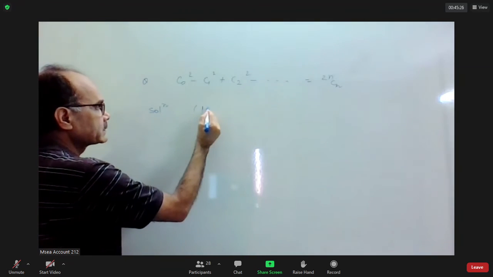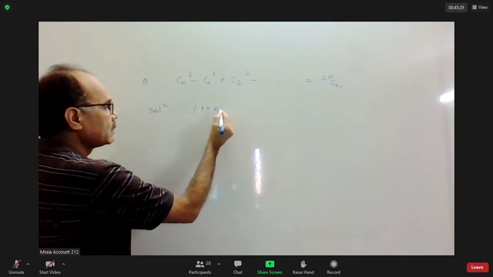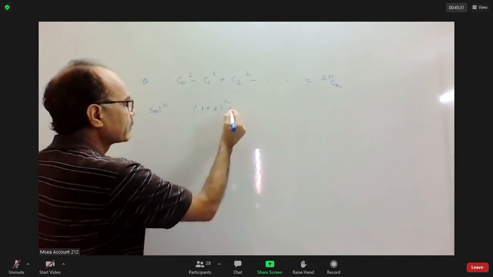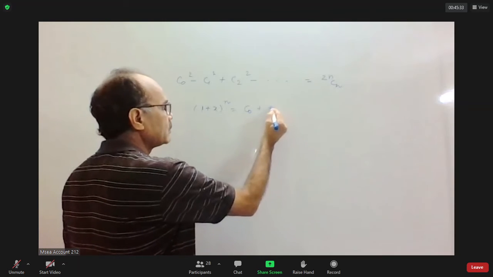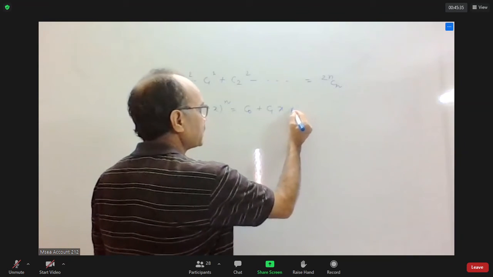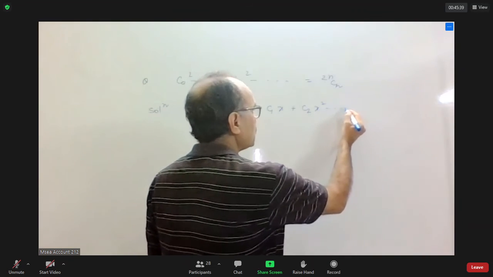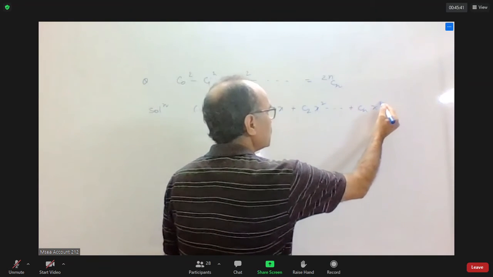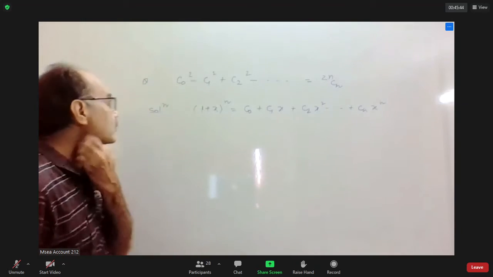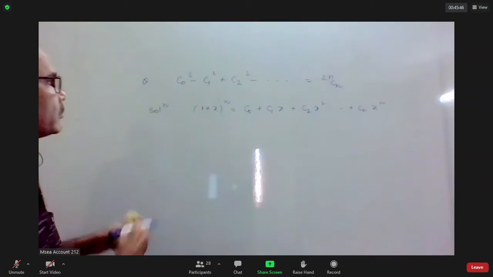Consider 1 plus x to the power n equals C0 plus C1x plus C2x square, and so on.